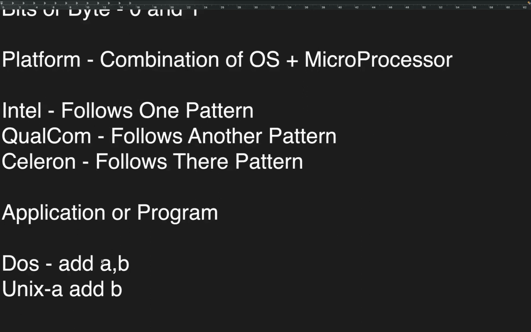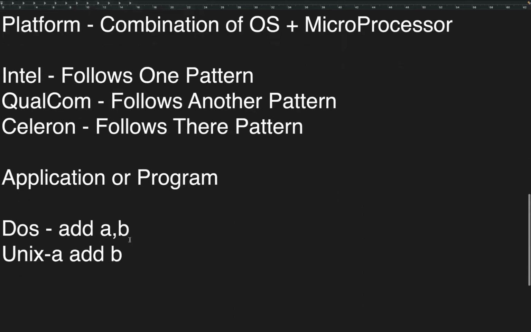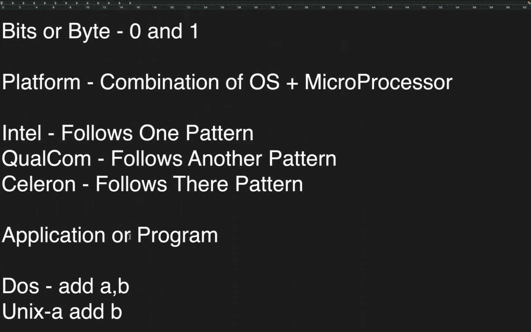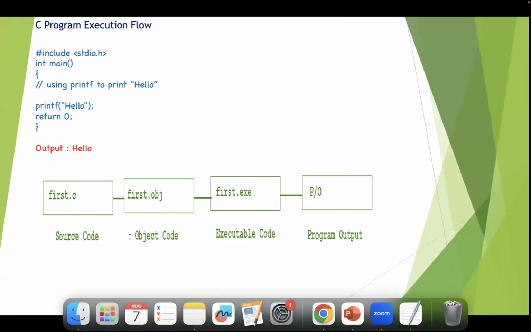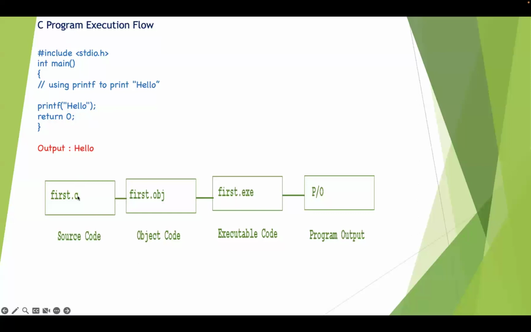So in C and C++, that is why we call it system dependent. Whatever application you have developed using X operating system and Y microprocessor, if you try to use the same application in A operating system and B microprocessor, results will not come.